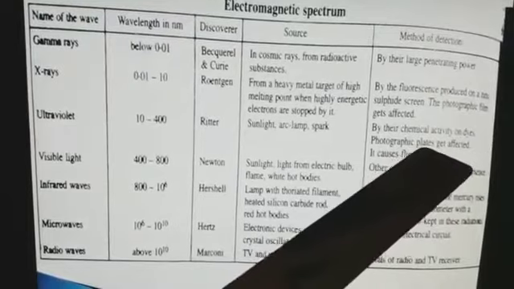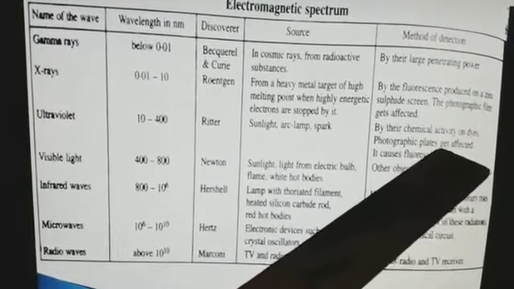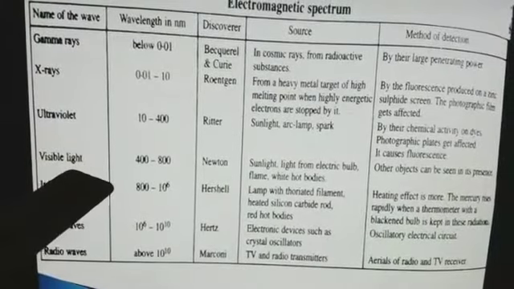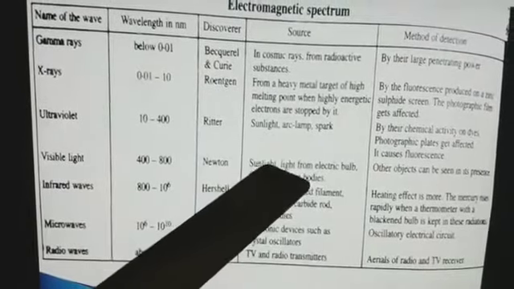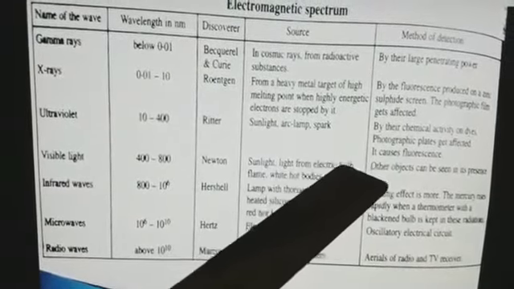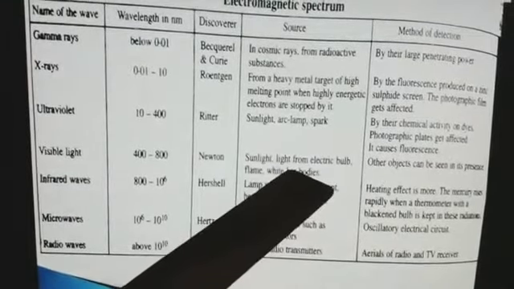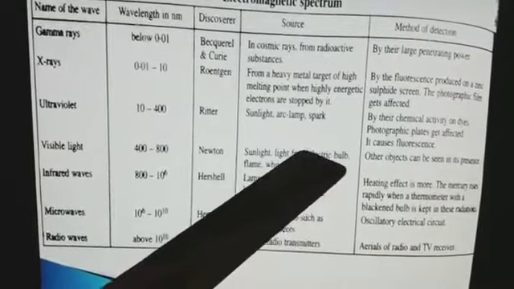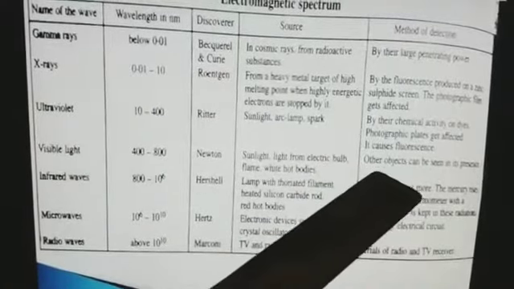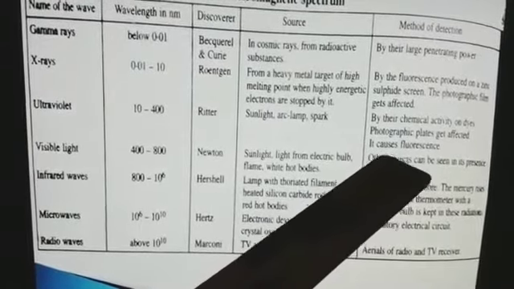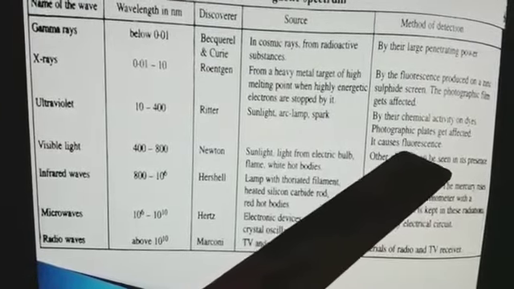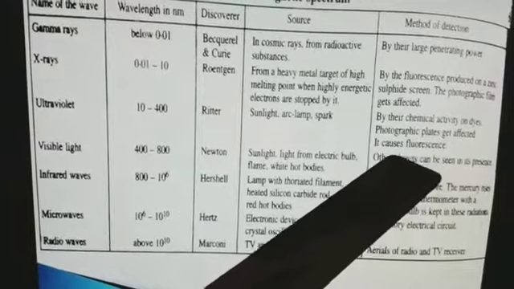It causes fluorescence. The next one is visible light. Sources are sunlight, light from electric bulb, flame, white hot bodies. Other objects can be seen in the presence of visible light.